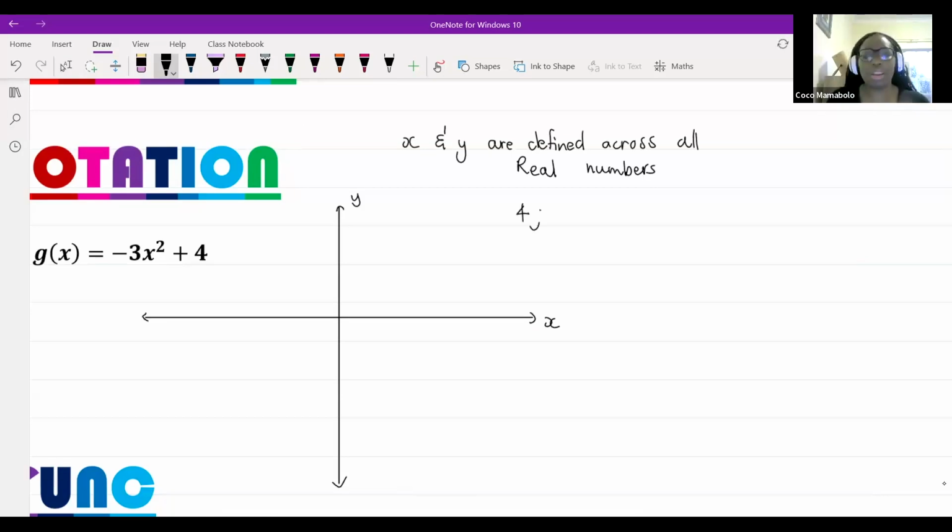Any other real number? 8. 8, perfect. Okay, I'm going to make it a little bit more spicy and say something like negative 1,65. That's a real number, right? And I can also say 5 over 12. 5 over 12 is also a real number.